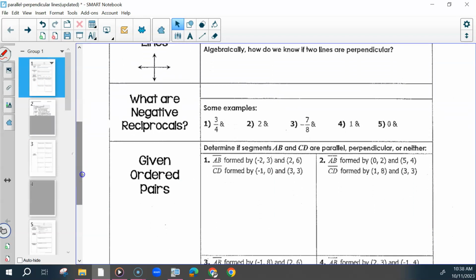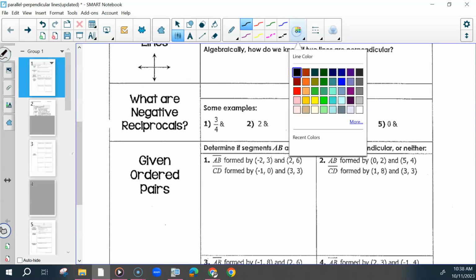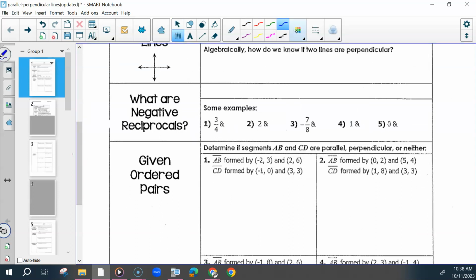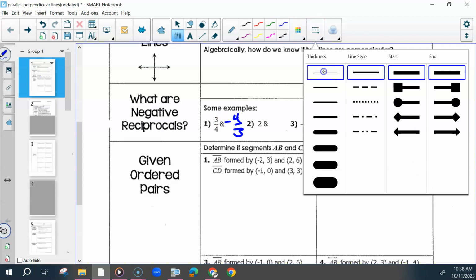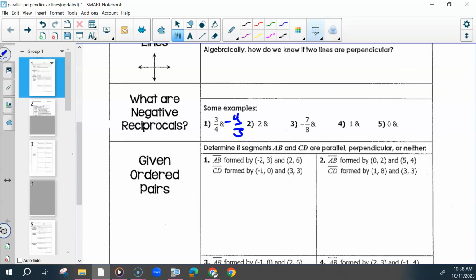So if I had 3/4, now I just gave this example, but if I had 3/4 and then I took it and I flipped it and I made it negative, what would that be? Negative 4/3. Right. What about 2? So it is going to be negative, but remember all whole numbers have a 1 under it, so if I flip it, it's going to be negative 1/2.